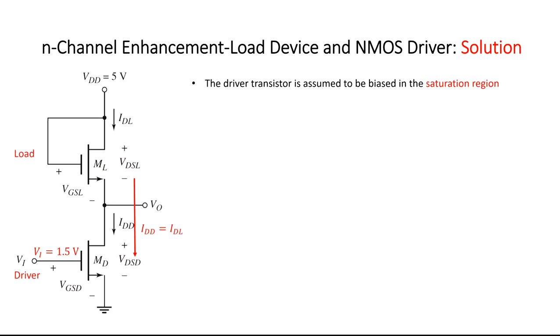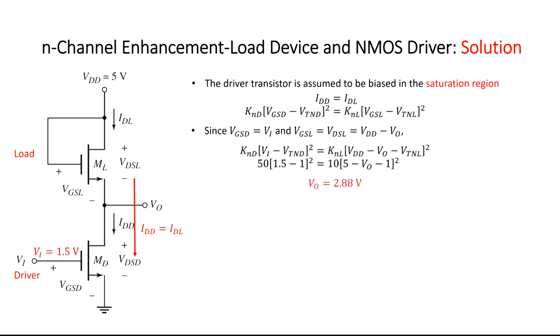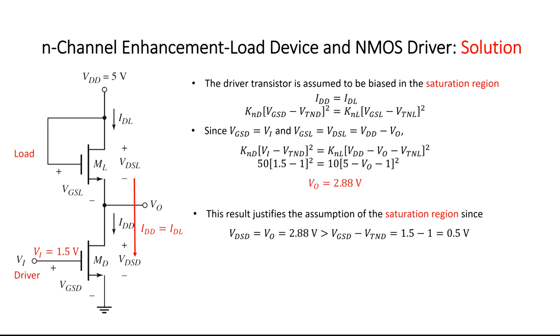Then, by following the preceding equal voltage pairs, the output voltage is found. This result also verifies that the driver transistor is biased in the saturation region. Finally, the current is given.